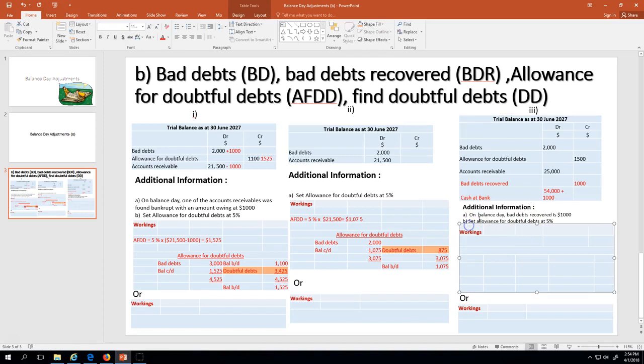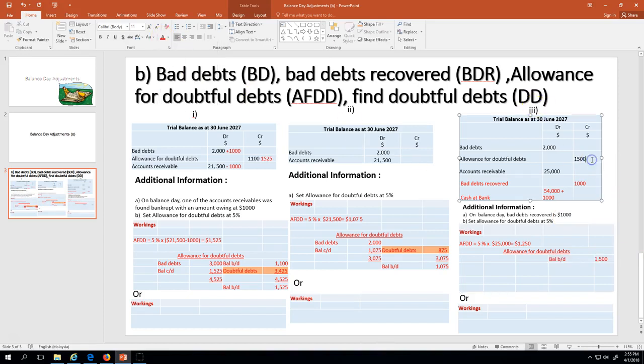Next one, number B. Set allowance for doubtful debt at 5%. So what do we do? Again, we count, and then we do the account. Okay, so firstly, we open the account. The first thing is to record the balance BD, which is 1,005.